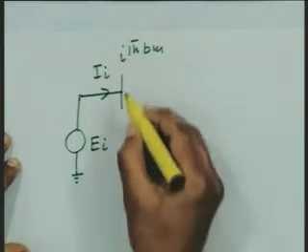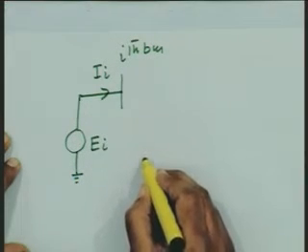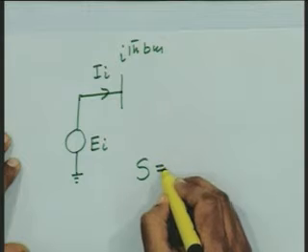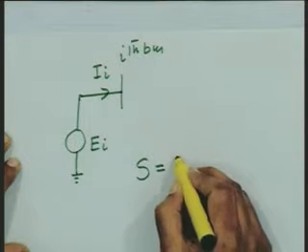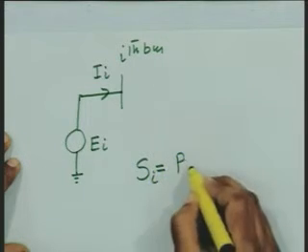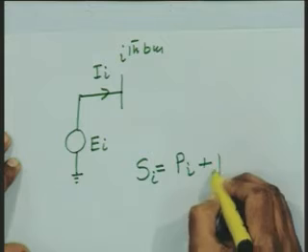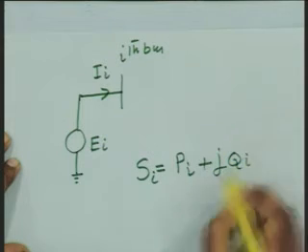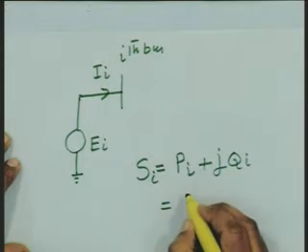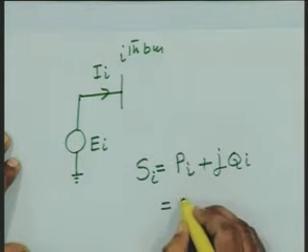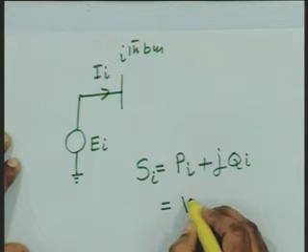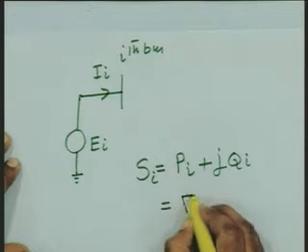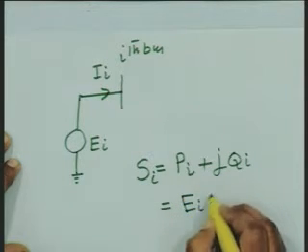Okay. And we know actually the complex power injected is Si equal to Pi plus j Qi, and this can be obtained by the formula Si equals Ei Ii conjugate, always, in this particular system.